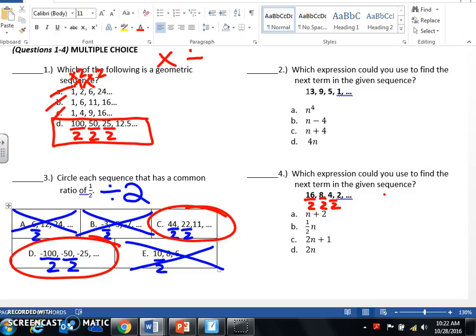So I know that it's n divided by 2, but remember, we don't use that line, we use the fraction, which is n over 2. So if I'm just looking at my answer choices, the only one that's even vastly similar is B, because remember I said in number 3, multiplying by 1/2 is the same thing as dividing by 2. So that is going to be my answer.